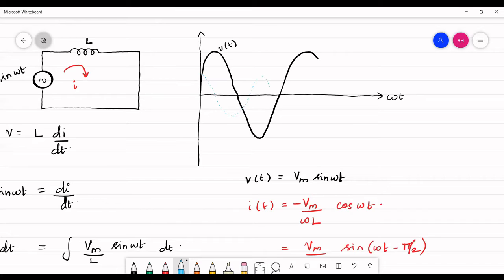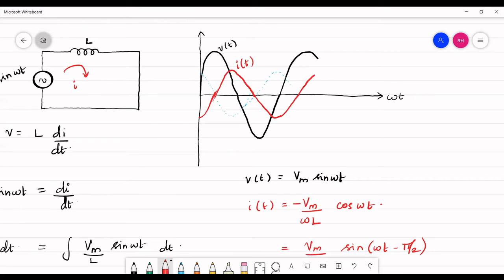Whereas here we have minus cos omega t, so we draw the inverse of it. So at 0, the value is going to be negative maximum, and then 0. This is the waveform of current of a purely inductive circuit.